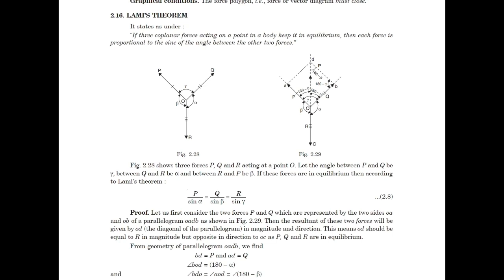These three forces P, Q, and R are coplanar, and the direction of each is outwards from the point O. This theorem says that P divided by sine alpha, where alpha is the angle between the other two forces other than P, is equal to Q divided by sine beta, and equal to R divided by sine gamma.